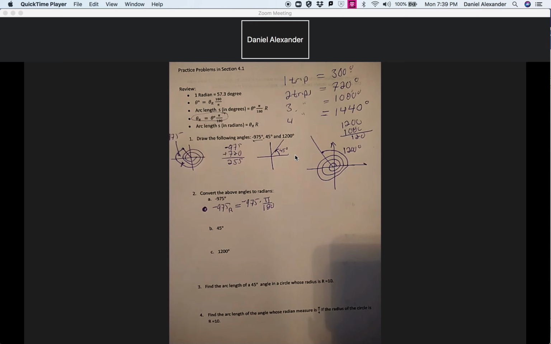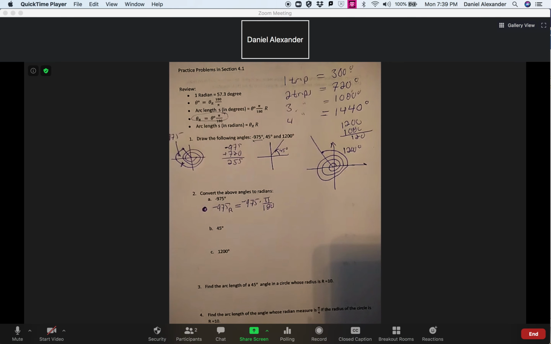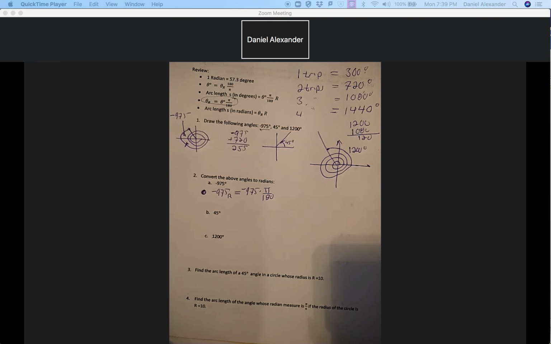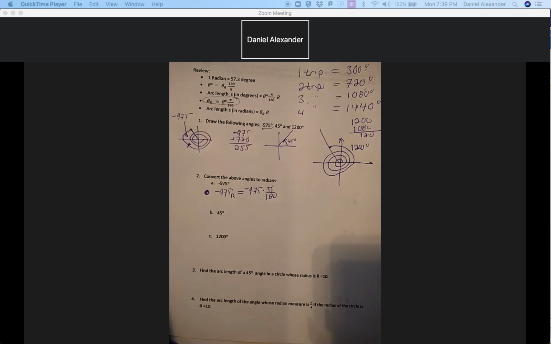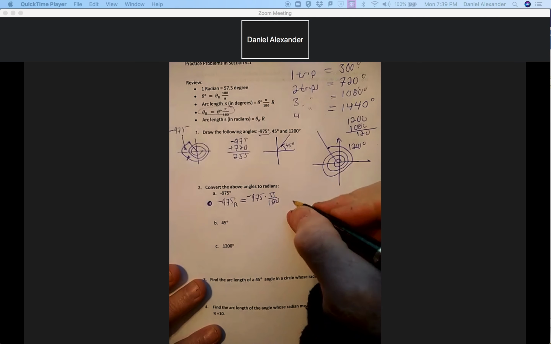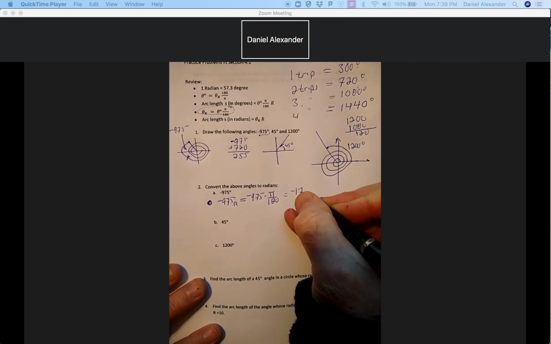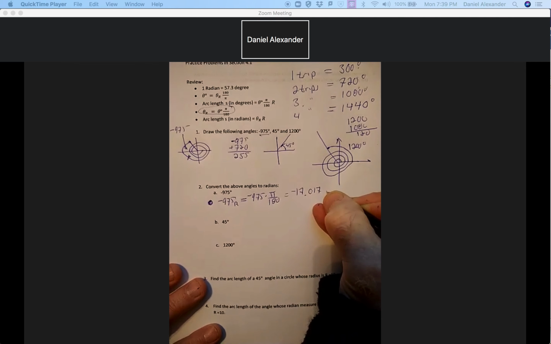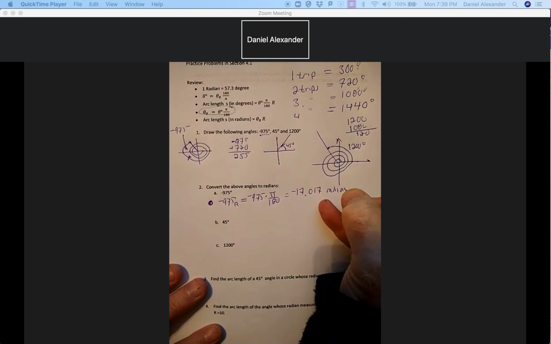Let me do it really quickly on my calculator. So sorry, I thought I had already done this. So it's going to be minus 975 times pi divided by 180. So that's going to give me minus 17.017 radians. So much smaller.